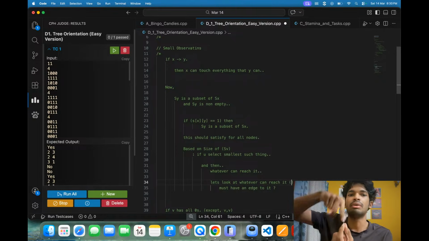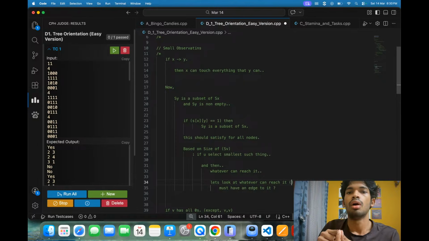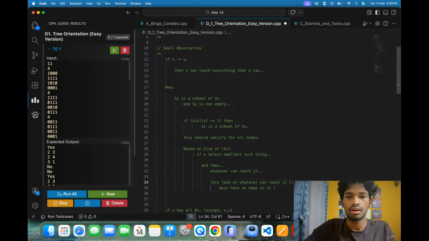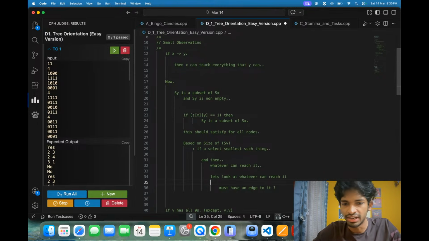We have a leaf, and many things are coming to it. If you see these things, what are the things that are immediate? Let this be Z.